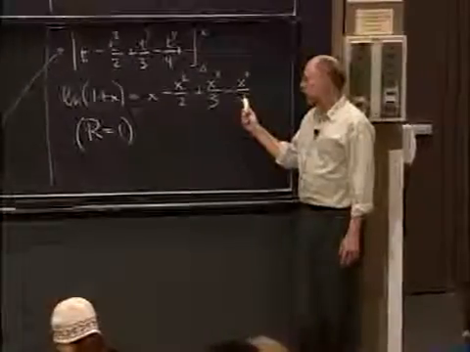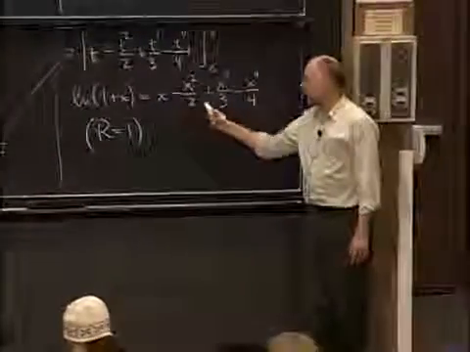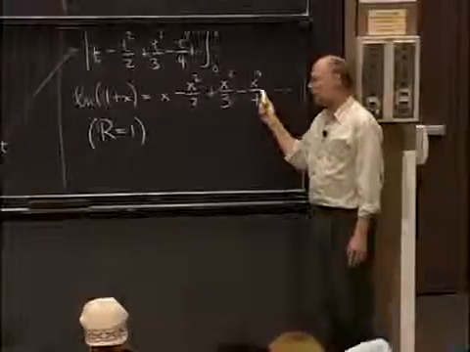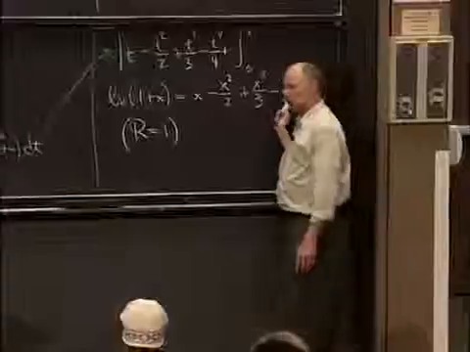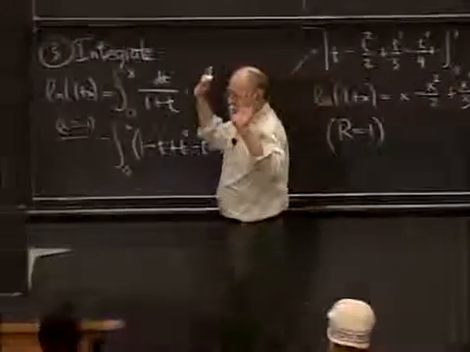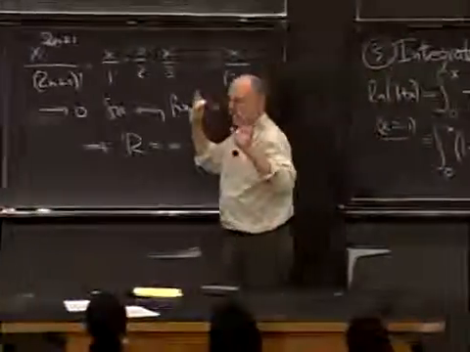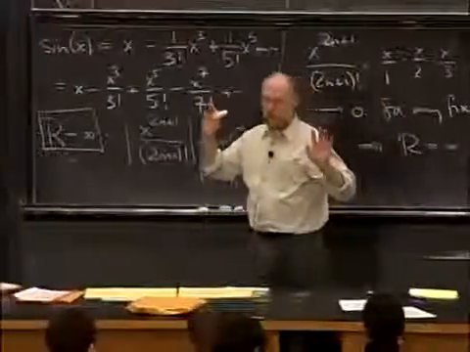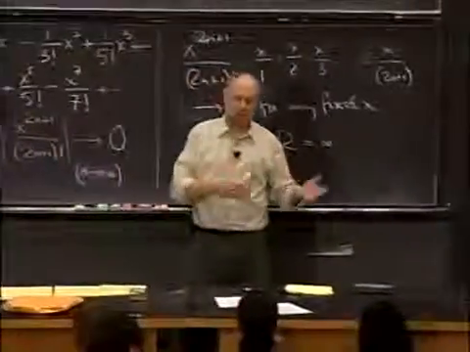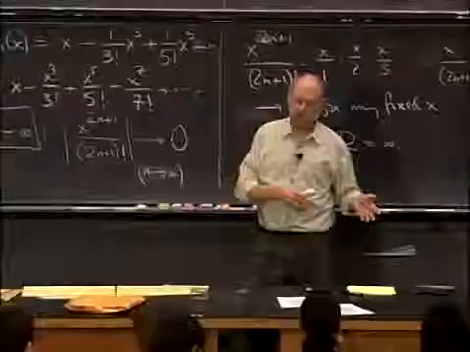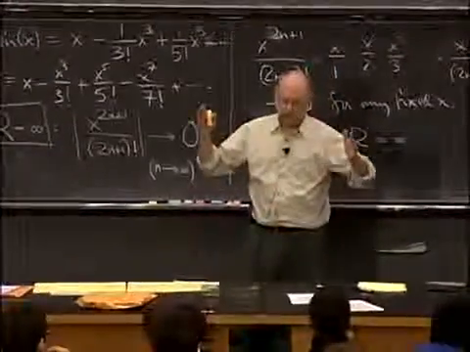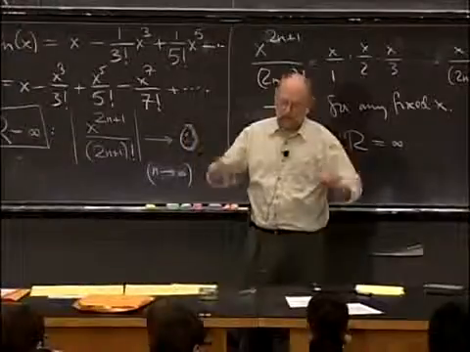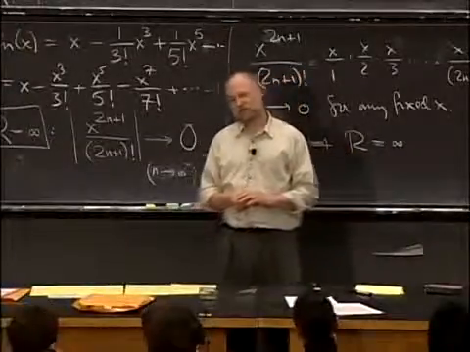They grow exponentially, while the numbers 2, 3, 4, 5, and 6 grow just linearly. So when x is bigger than 1, the general term will go off to infinity, even though the function you're talking about, log of 1 plus x, is perfectly good. So the power series is not good outside of the radius of convergence. It's just a fact of life.